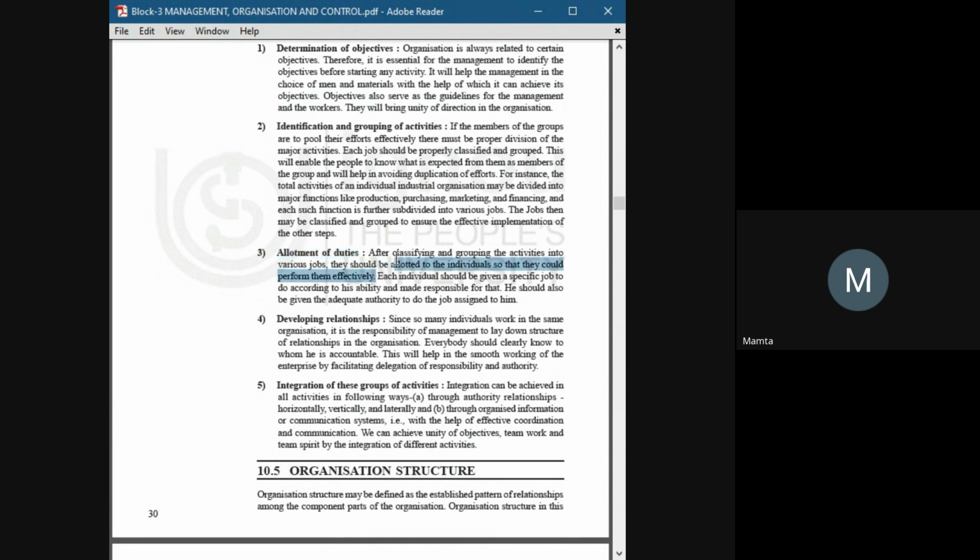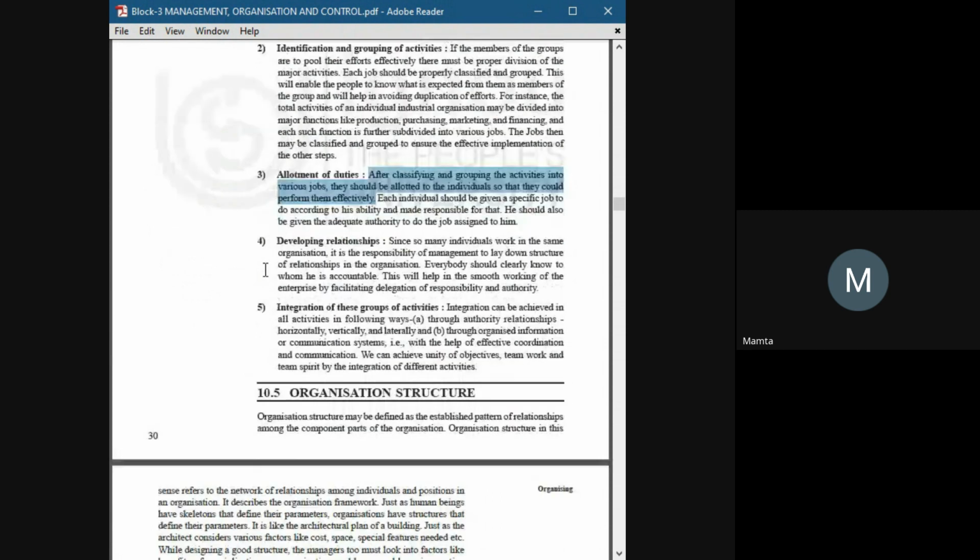A person who is good at sewing shirts should be sent to the production department. A person who is good at finance, accounts or arranging the funds, should be sent to the finance department. That's how we allot the duties to persons.